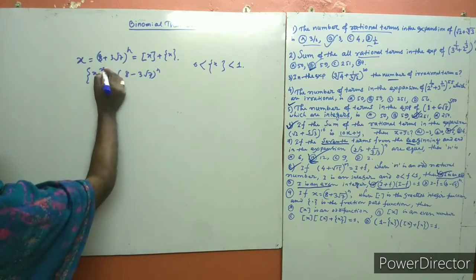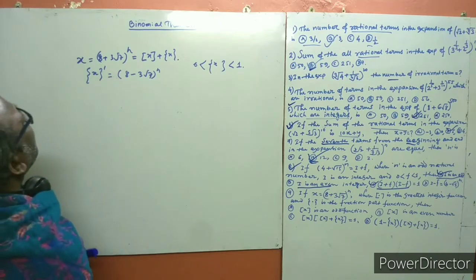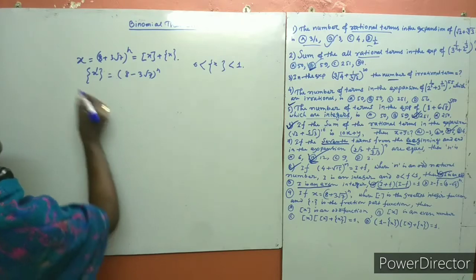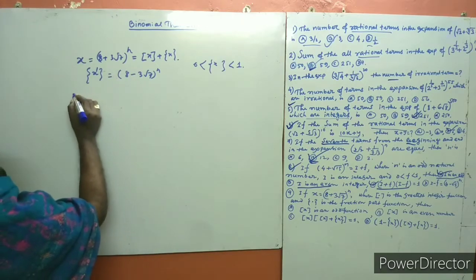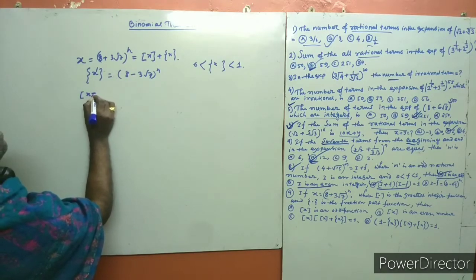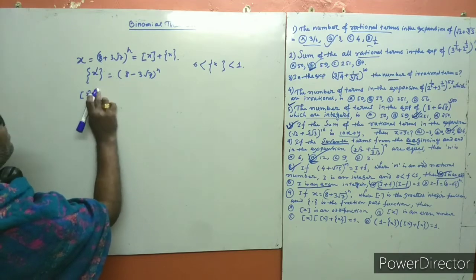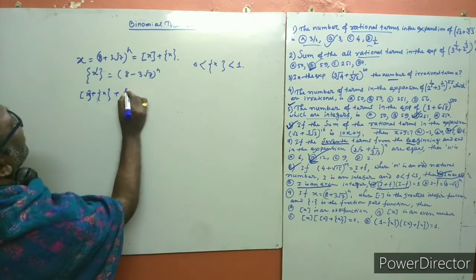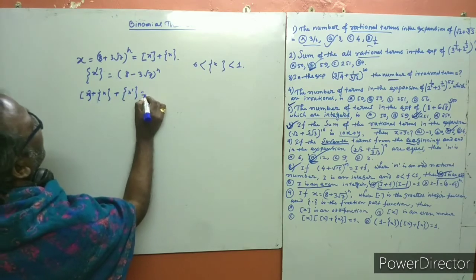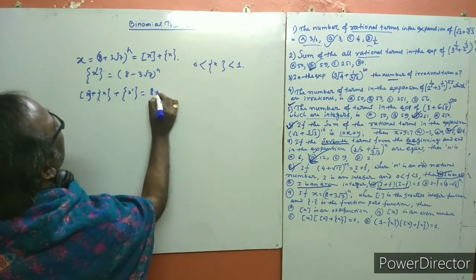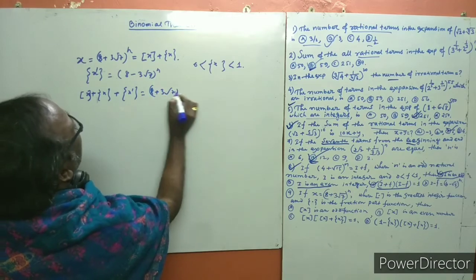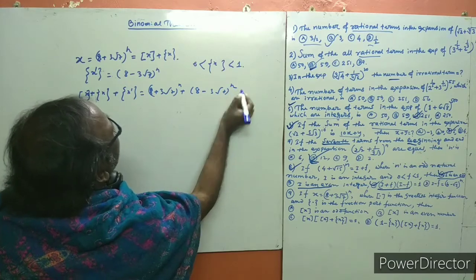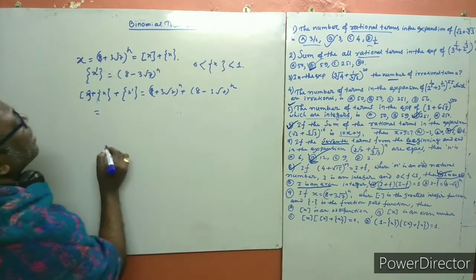Let us assume this, and if we add the box x plus the second bracket x, this is equal to (8 plus 3 root 7) and (8 minus 3 root 7), same as in question number 8.